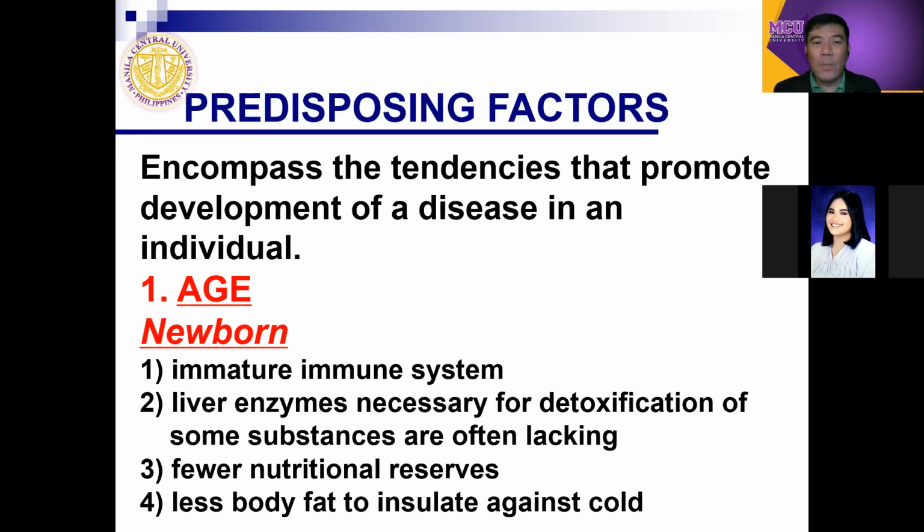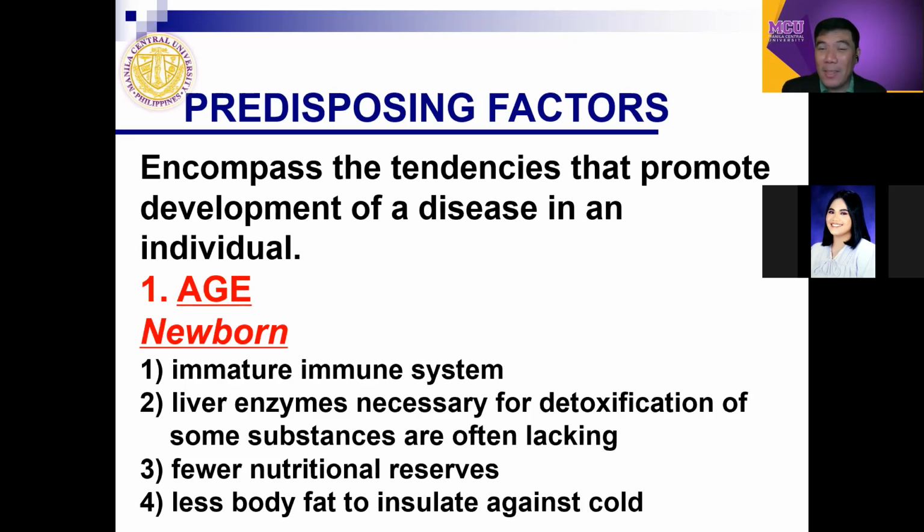So next po, usually po if you will identify why is it that newborns may need exposure to sunlight? Why newborns may need to be exposed to sunlight? What is lacking with the newborn? Vitamin D po.